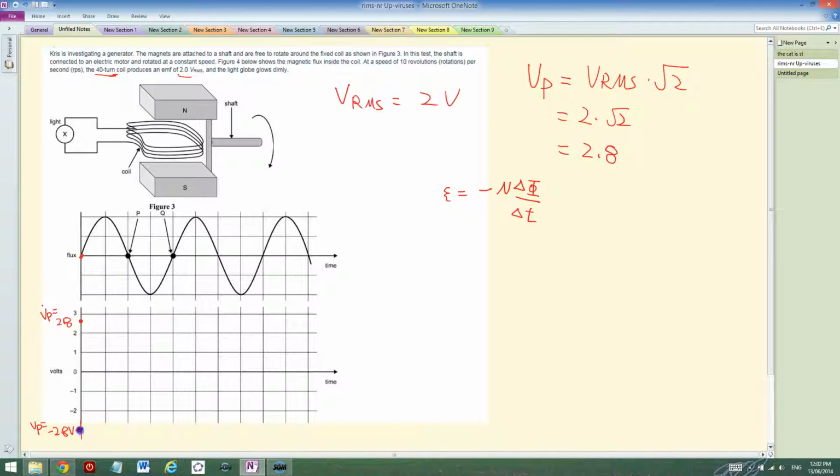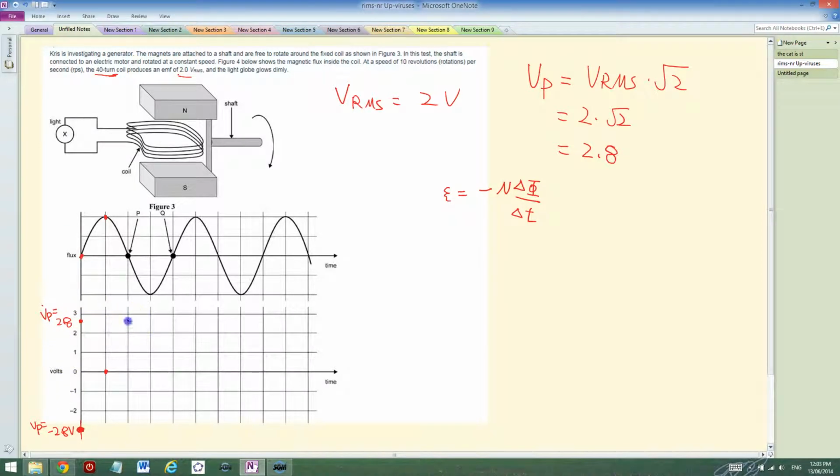So initially it starts from here. At this point, the rate of change is 0, so it's going to be 0. At this point, it's decreasing, and the rate of change is minus, but with an additional minus in the front, so it will be positive.